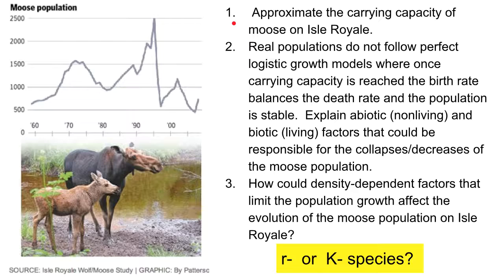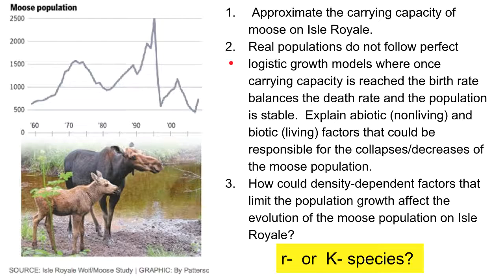Number one, what would be about the carrying capacity of moose on Isle Royale? They're going to overshoot, but at the same time, it can only handle so many moose. Now, question two says that these real populations don't follow perfect logistic growth models, where once the carrying capacity is reached, it just balances out perfectly.